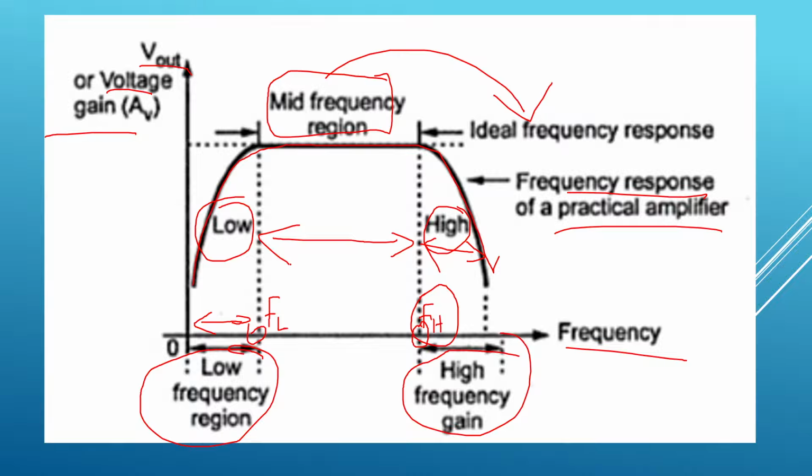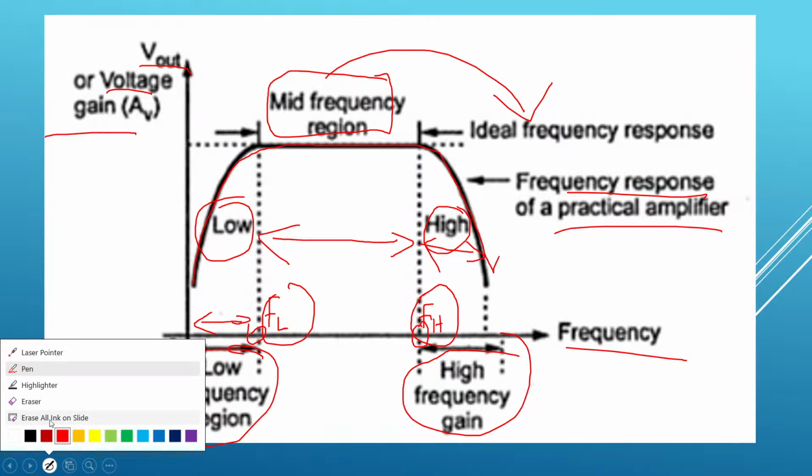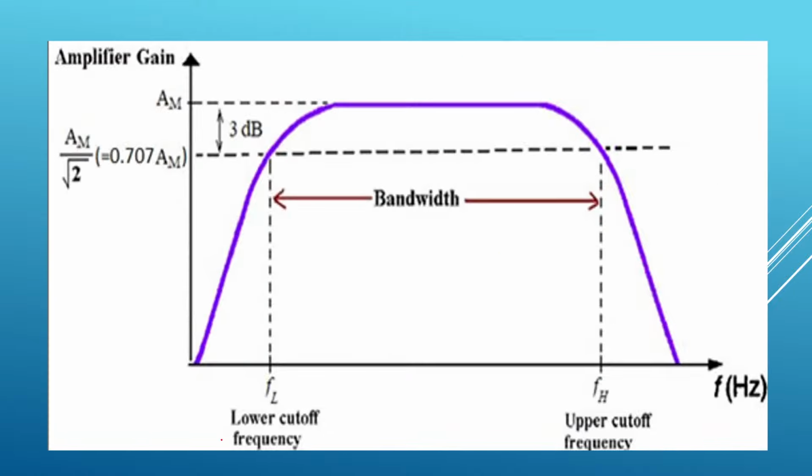FL and FH, you can call them the low corner frequency and high corner frequency. This FL, FH is available here. Here it is mentioned as lower cutoff and higher cutoff frequency.